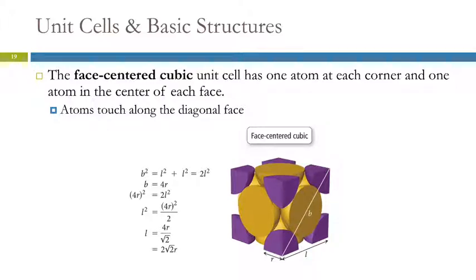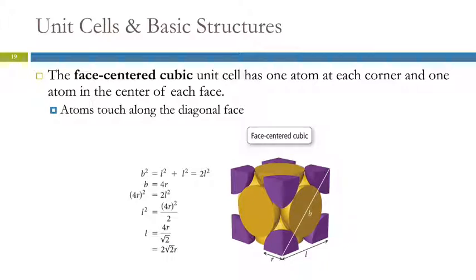We can calculate, again, the length of the side in terms of the radius of the atom. Here we're using the diagonal along one face because the atoms are touching here. So B is equal to 4R. And we've got this right triangle, so B squared equals L squared plus L squared. We know what B is in terms of R, and so we can solve it.